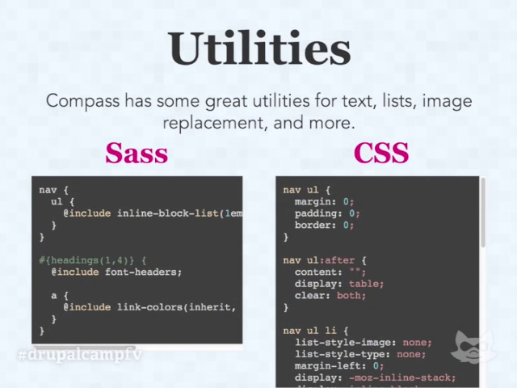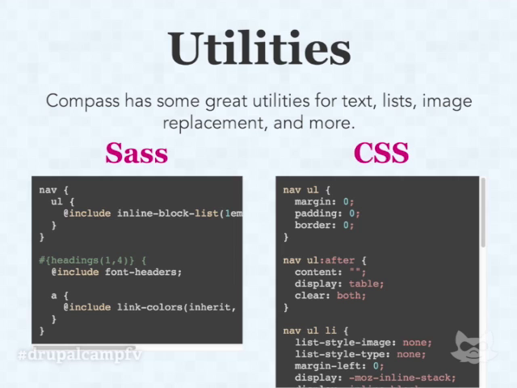So then some of those utilities I mentioned. Like the horizontal menu, which is everybody's favorite. Do I float the whole list or just the list items? Do I need to float the list and float the list items in order for them to clear and create an entire object on the page?